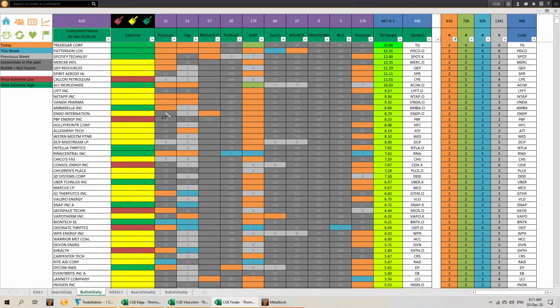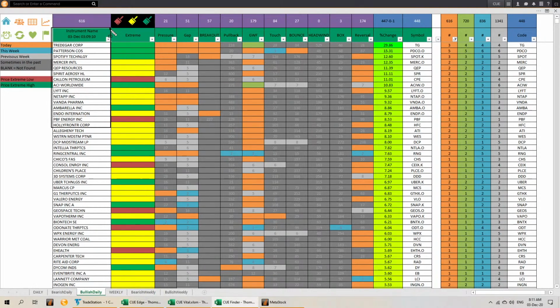This is the bullish tab for daily interval. In the first column, we have all the instruments that are showing some kind of Q bullish signal today, because this is the bullish tab. These are all symbols in my trading universe which have some kind of Q bullish signal today.